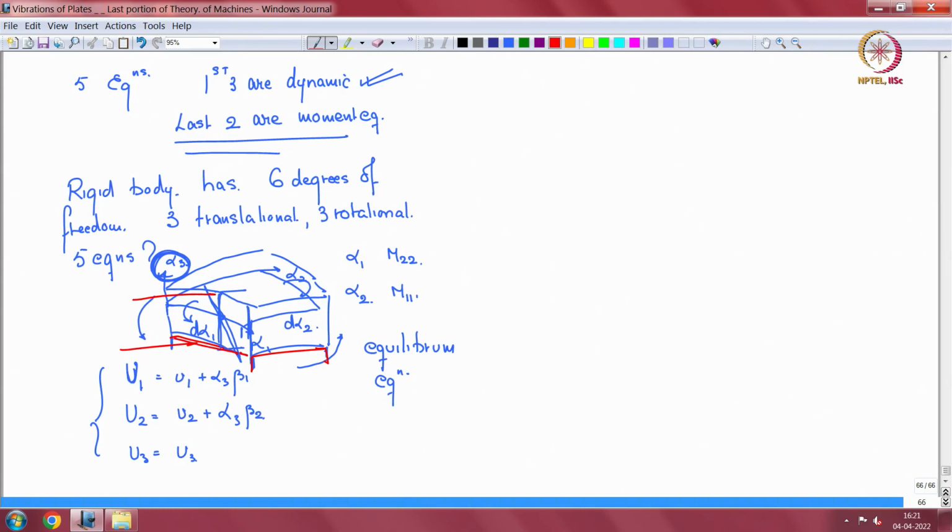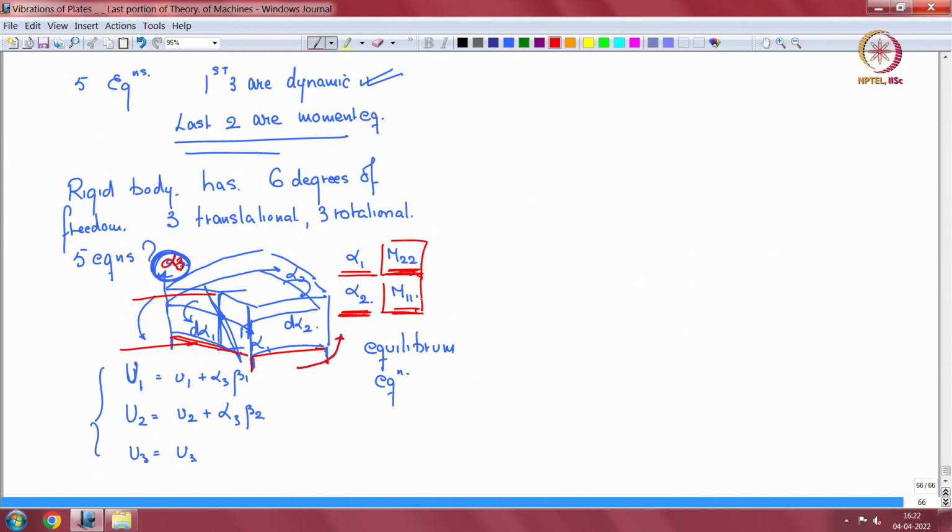Okay. So if we do a rotation about alpha 3 axis, which is missing, okay, we have done rotation about alpha 1 axis and we get moments like M22. If we have done rotation about alpha 2 axis, we get moments like M11. Okay, it's a different matter that we ignored the rotational inertia, but we have accounted for it.